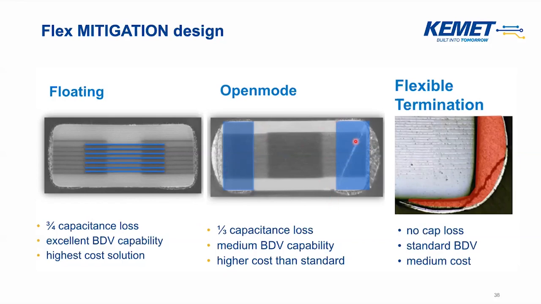So you still get a crack, but you don't have a short in your application, and that's the biggest advantage of open mode. You only lose these areas for capacitance, probably roughly 1/3. It's a medium breakdown capability, but you need more layers compared to a standard, so open mode is a little bit more expensive than a standard one.